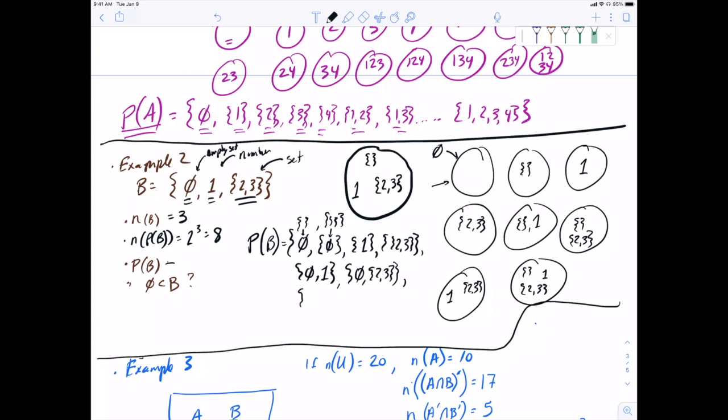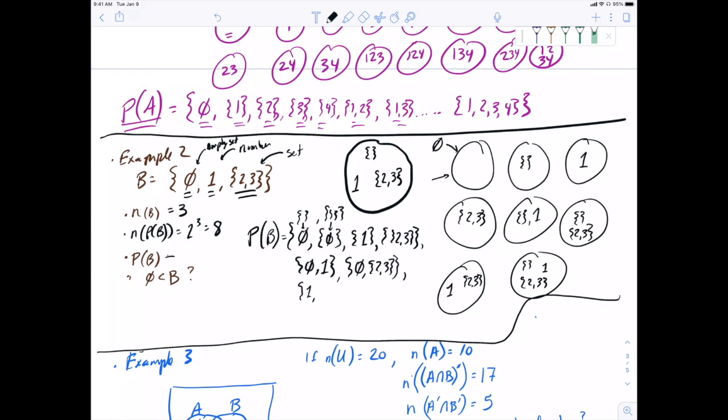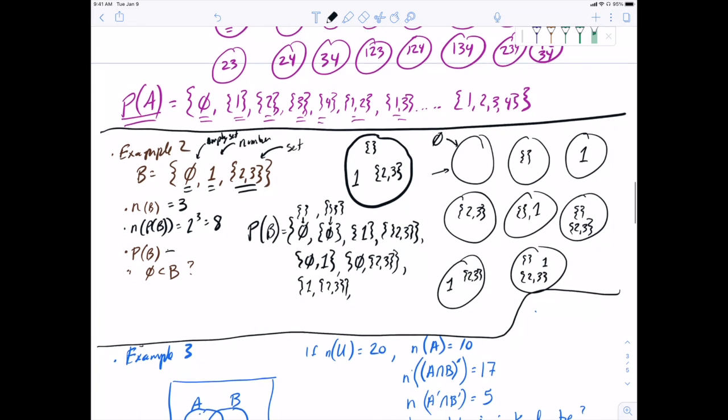We have the set that contains 1 and the set 2, 3. And then we have the set that contains the empty set, 1, and 2, 3.